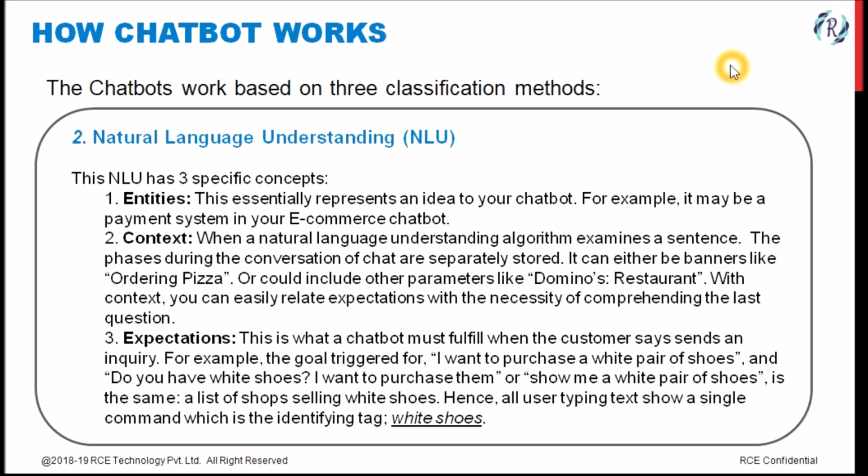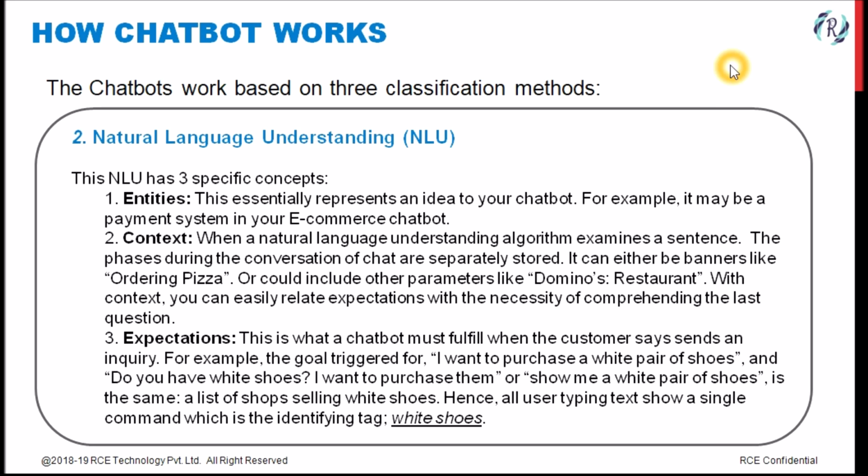Based on the entities, you set up the context. If your chatbot is based on a pizza corner or pizza restaurant, then of course the customer always asks about ordering pizza. So the context is about ordering pizza. Context could be new offers, and based on the context, expectation.